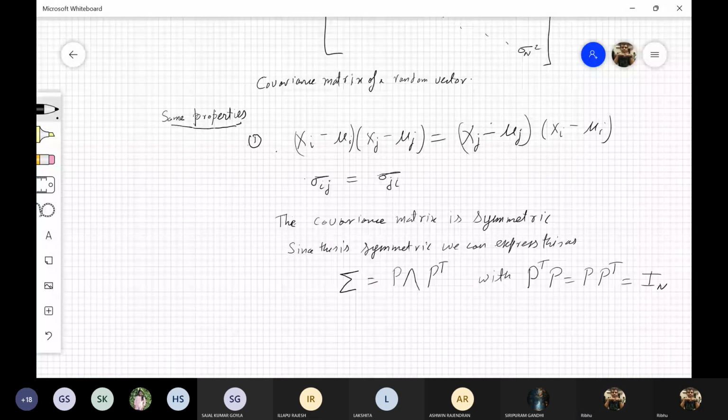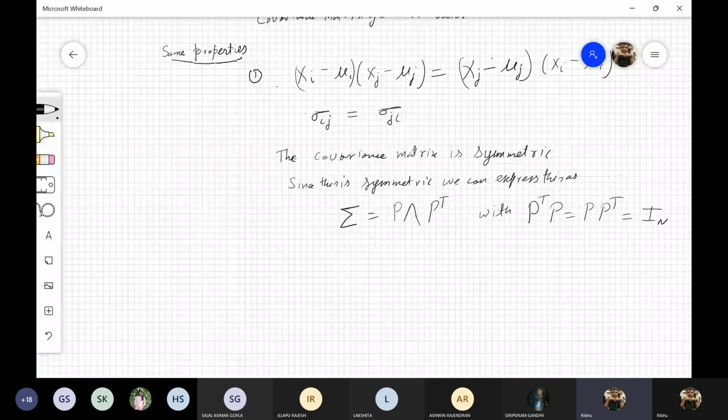So the first property is that this is a symmetric matrix and it can be diagonalized with the diagonalization matrix being orthogonal. So P is orthogonal or orthonormal.